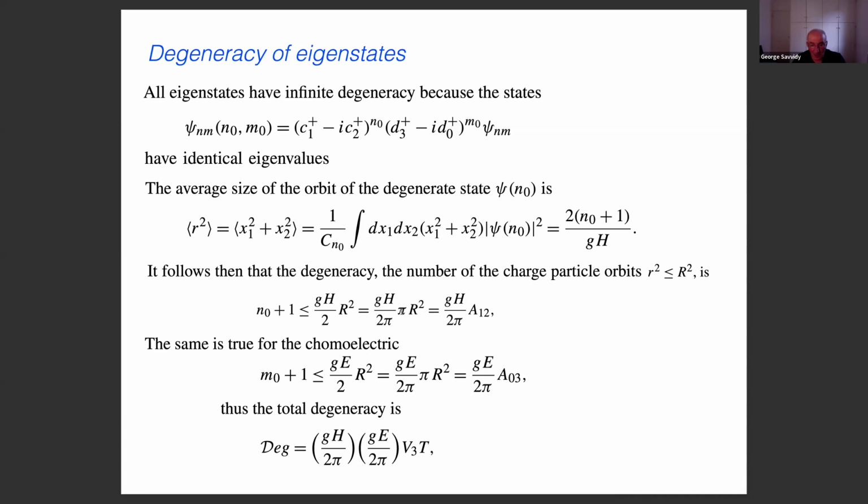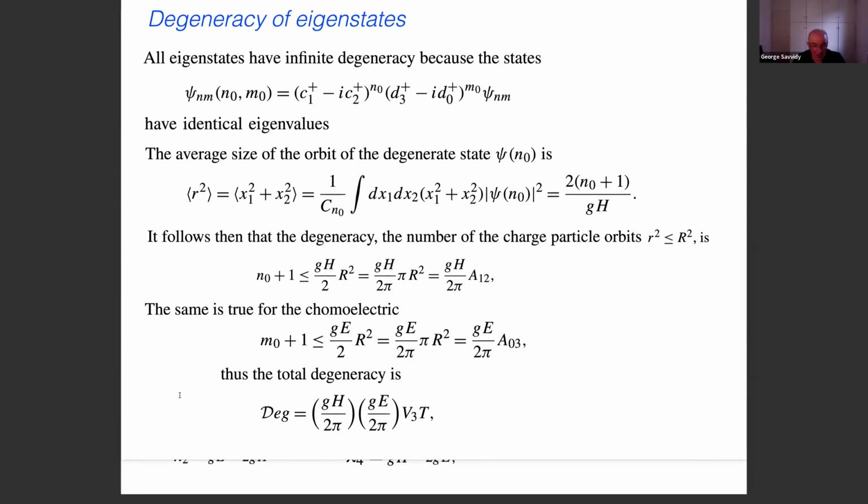We multiply by pi, and we get gh times the area in the plane 1, 2. Now, this was done just for oscillator 1, 2, but if we go to 0, 3, this is m0, then it becomes proportional to the area in the plane 0, 3.